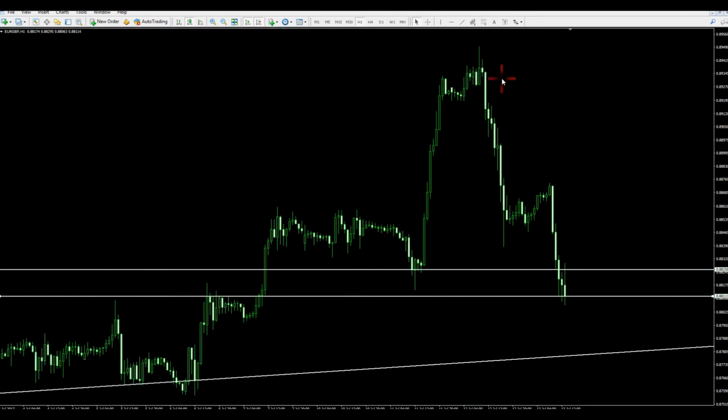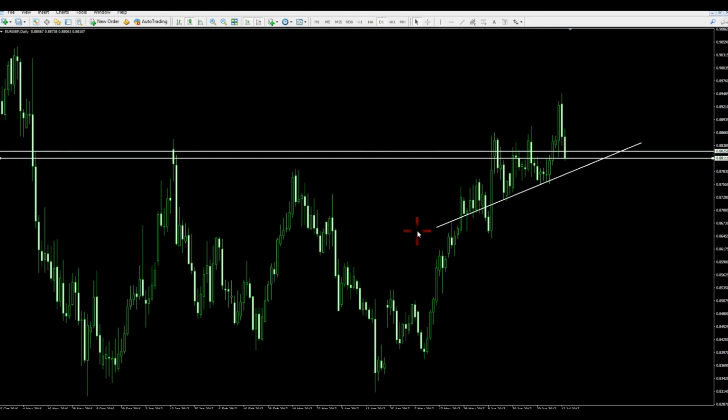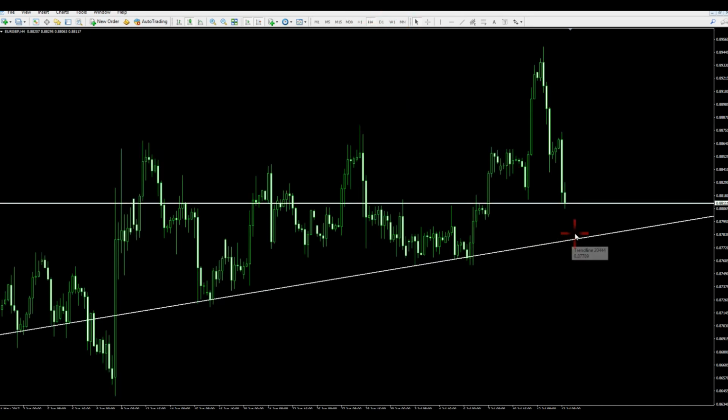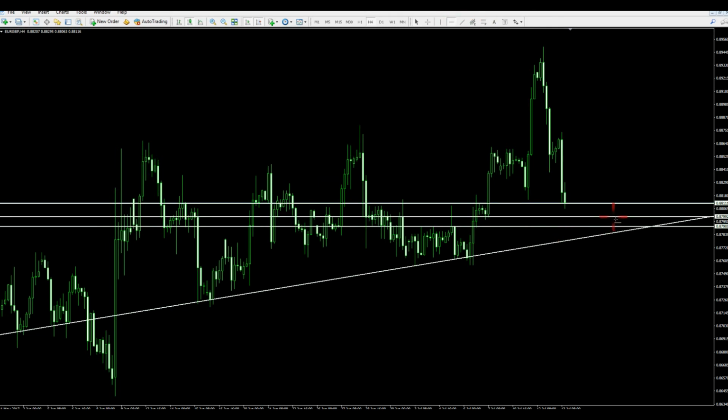And Euro GBP also, if you look at it here today, it's been falling, so we have a daily trend line here. So if it drops, we're going all the way down towards this line. Of course, there are more support resistance areas. We got one here, so this one is a target, this one is a target.